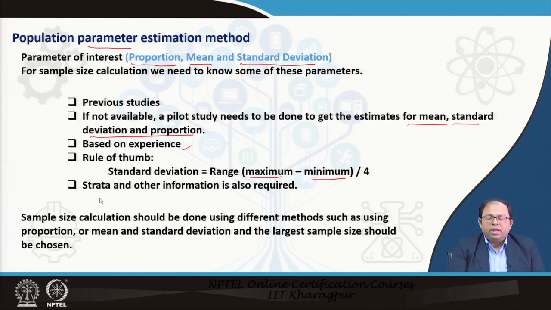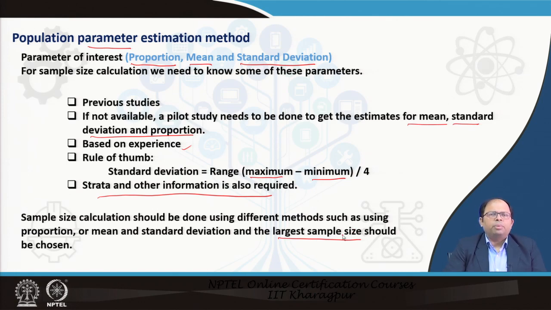Or if we are doing stratified random sampling, strata-based sampling or cluster-based sampling, we also need strata and other information within that population. So these are the information that is required. Sample size calculation should be done using different methods, such as using proportion or using mean and standard deviation, and we should adopt the largest sample size that we get using these methods, then we are on the safe side.